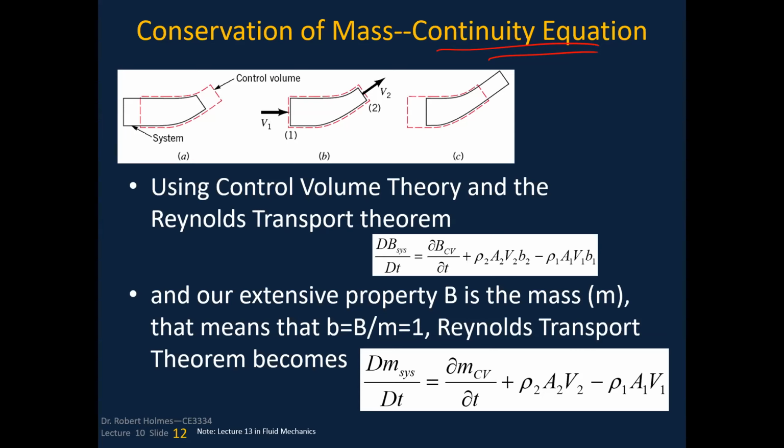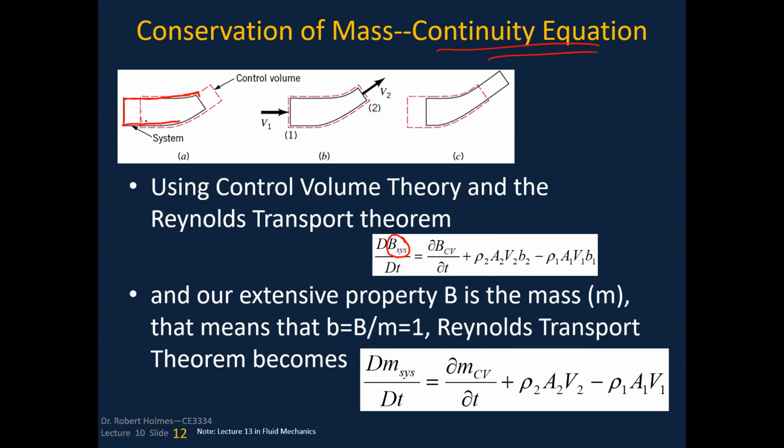If I look at a system right here, and look at the Reynolds transport theorem, which says, okay, look at an extensive property of the system. If I break that into control volumes, because the system is large to work with, so in fluid mechanics we use control volume theory.